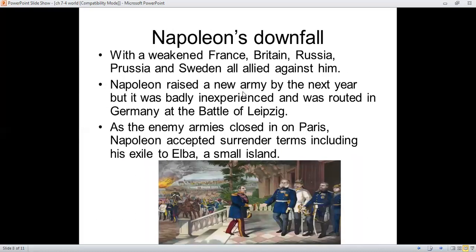Now, after these three mistakes, Napoleon was weakened, or actually France was weakened. Britain, Russia, Prussia, and Sweden all allied together against Napoleon. Napoleon would not give up. He raised a new army, but this new army was quickly formed in less than a year, and because of this, most of the soldiers were inexperienced.